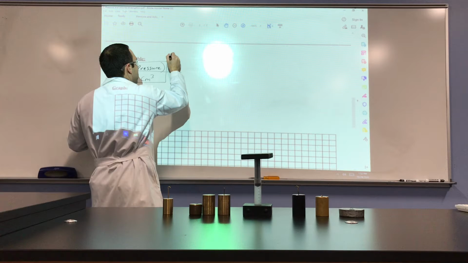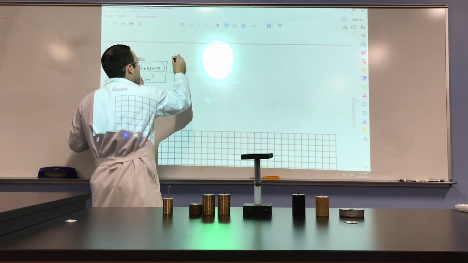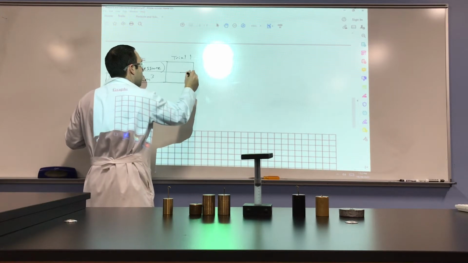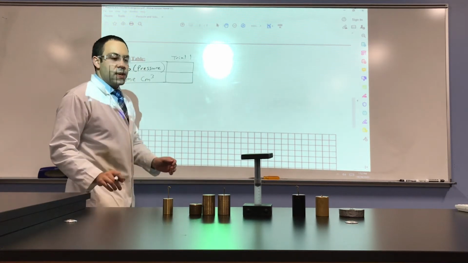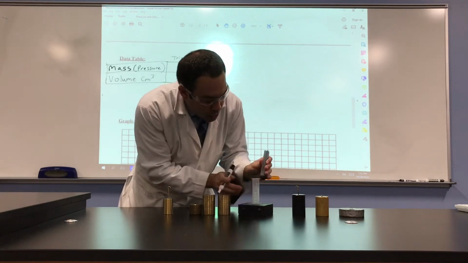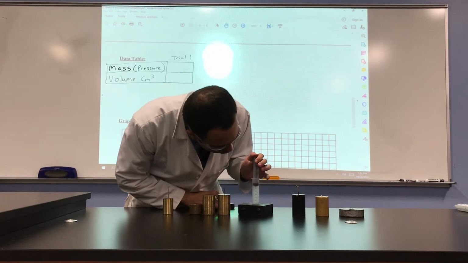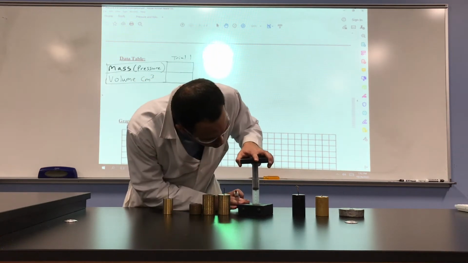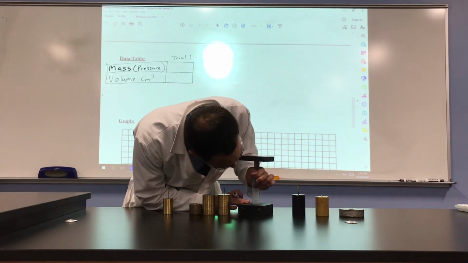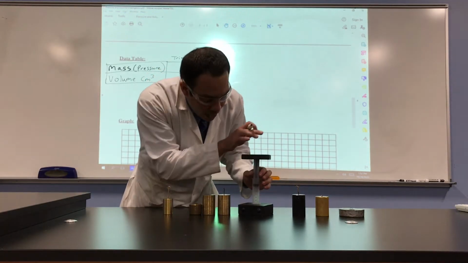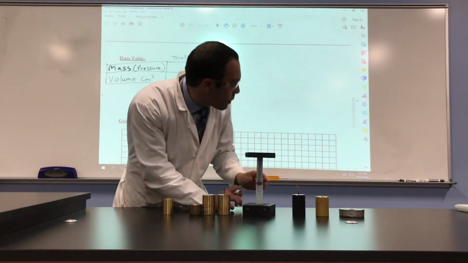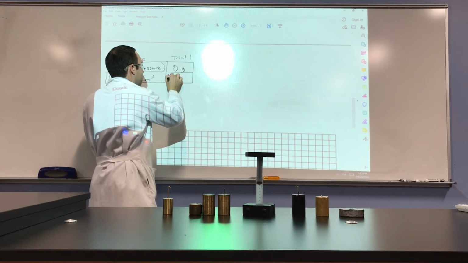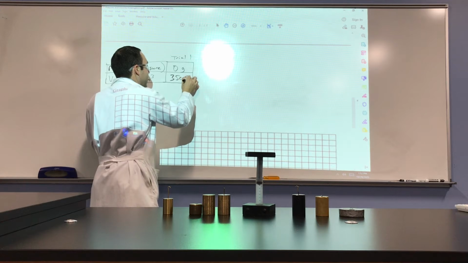Then we have our trial 1. So with 0 mass on it, let's reset the syringe apparatus. With 0 mass, we should be at 35 cubic centimeters. So the top of the plunger should read 35 cubic centimeters. So 0 grams, 35 cubic centimeters.